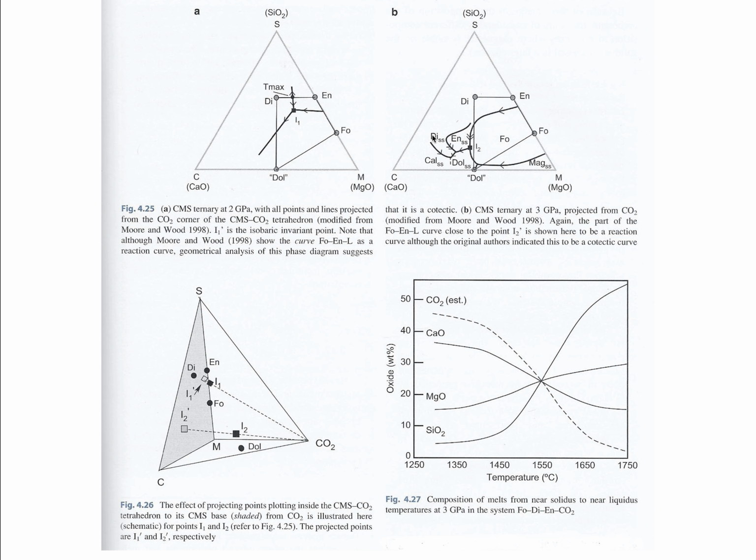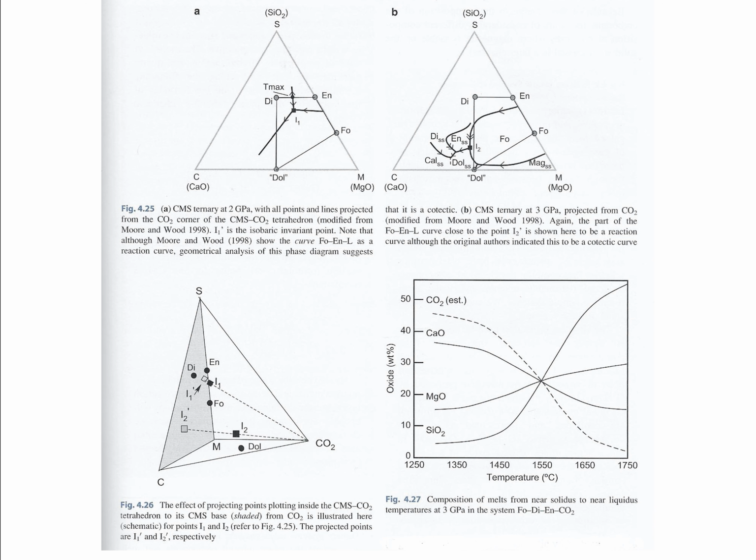So, and in this number B, we have the different melting curves and solid solution curves for the system, including the CO2. I just read through: that is a CMS ternary diagram at 3 gigapascal projected from CO2, yeah.